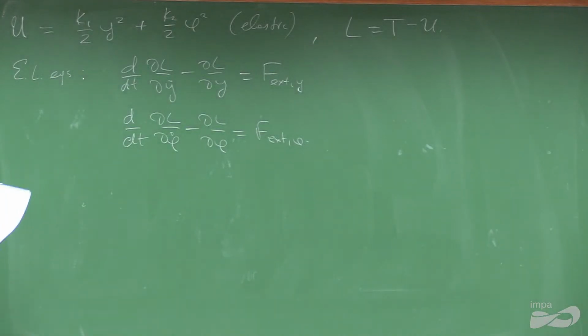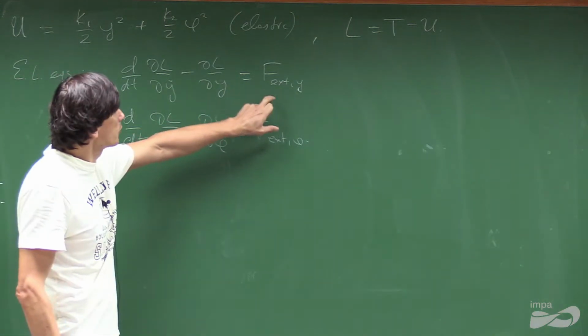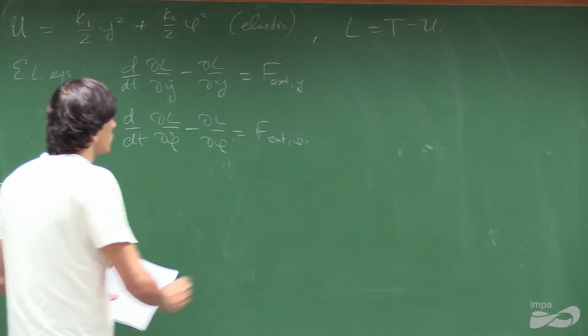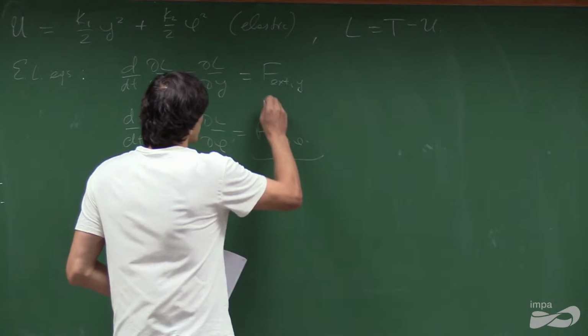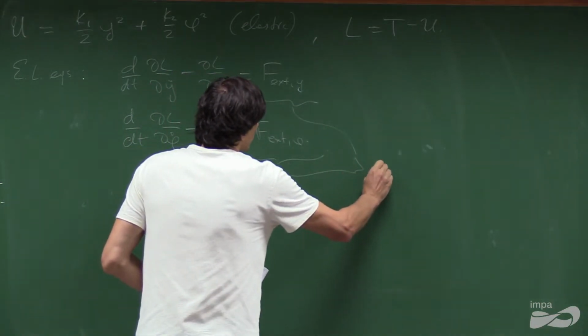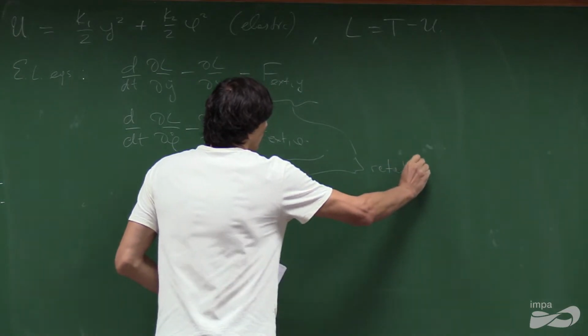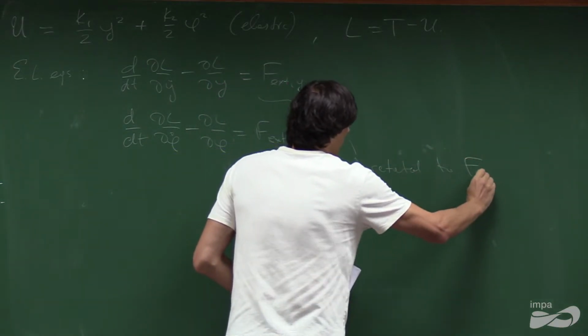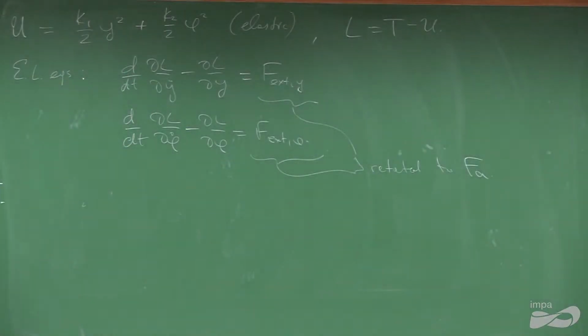So there will be two equations. The left-hand side we already know because we have the Lagrangian. The question is what we have to put in the external force, because this has to be related to Fa, our aerodynamic force, which is applied in the middle of the plate because of the wind.